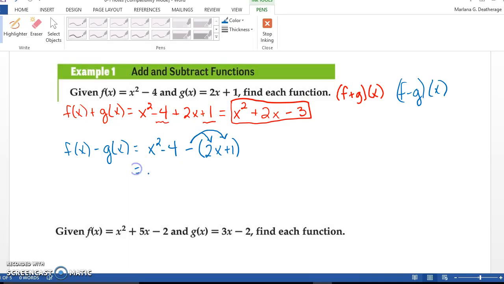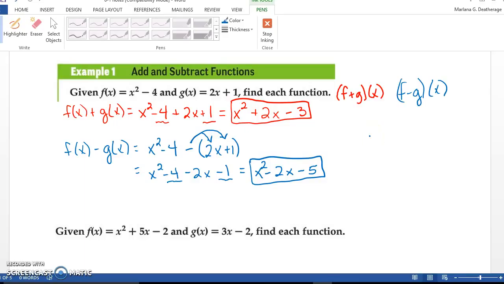Okay, so we have x squared minus 4 minus 2x minus 1. Now we combine like terms. So we have an x squared minus 2x, and then we have a negative 4 and a negative 1. If you combine negative 4 and negative 1, what do you get? Negative 5. Negative 4 minus 1 is negative 5. So really, you're just combining like terms. But when you're subtracting, you got to be sure you distribute the negative to the function that you're subtracting.